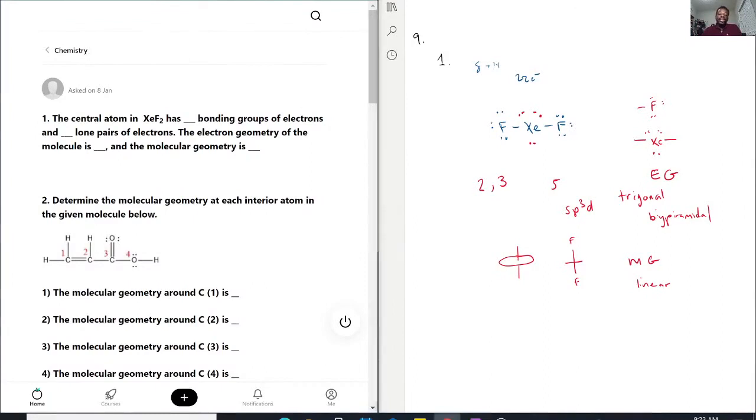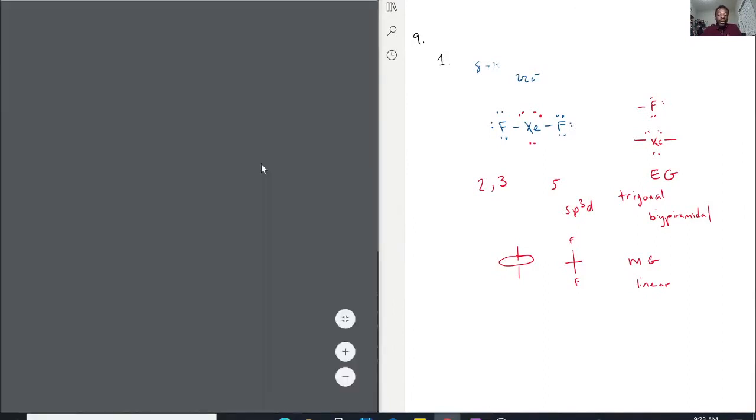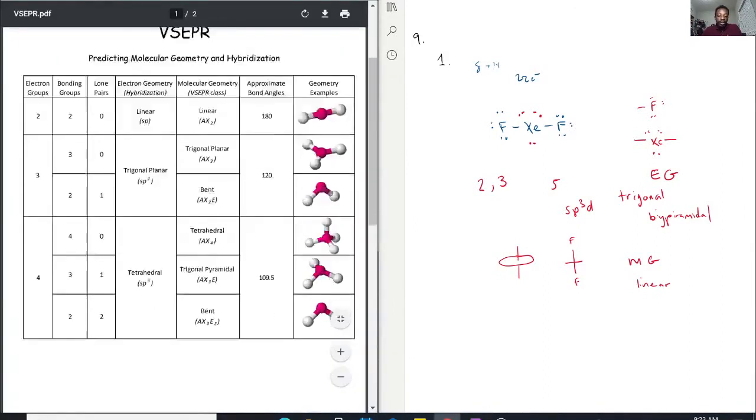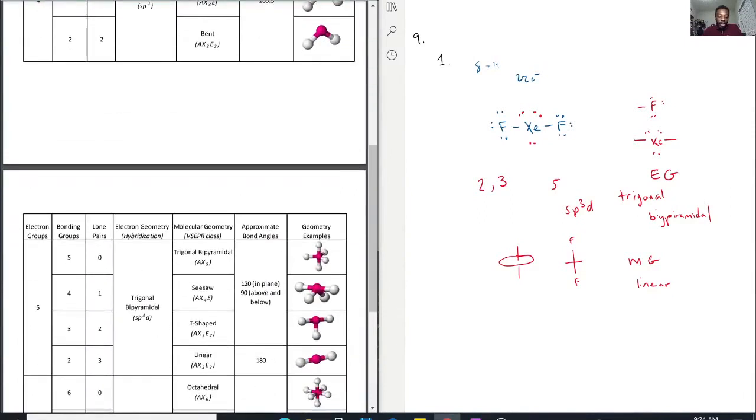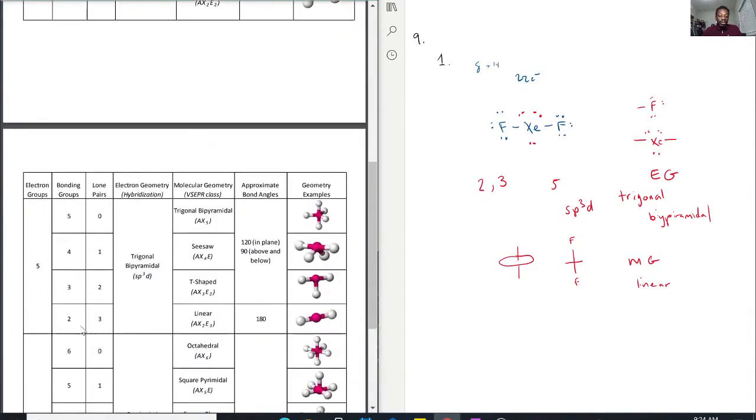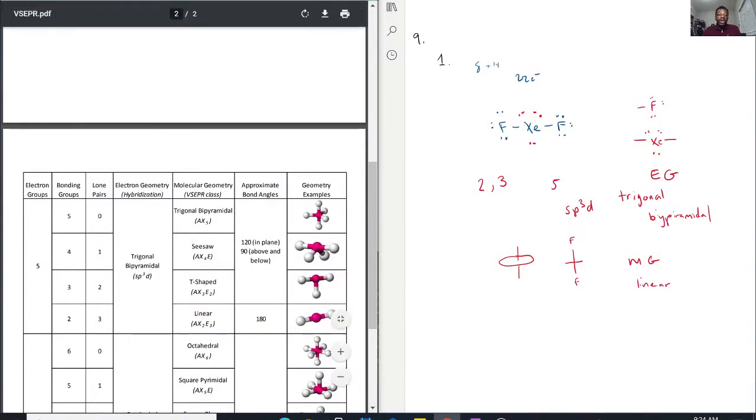We actually check this out with the VSEPR theory. So if I went over here and I scroll down, we have 5. Trigonal bipyramidal is indeed the electron geometry. But as you can see here, two bonding groups and 3 lone pairs, you actually can see it is indeed linear. That would be its molecular geometry.